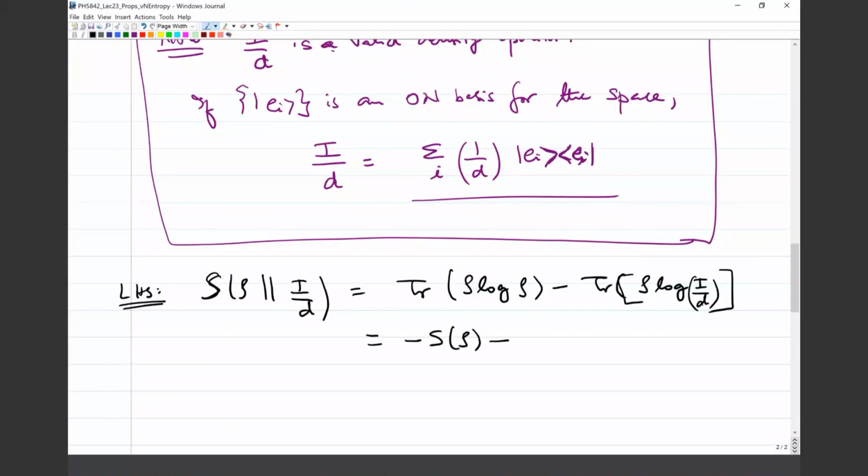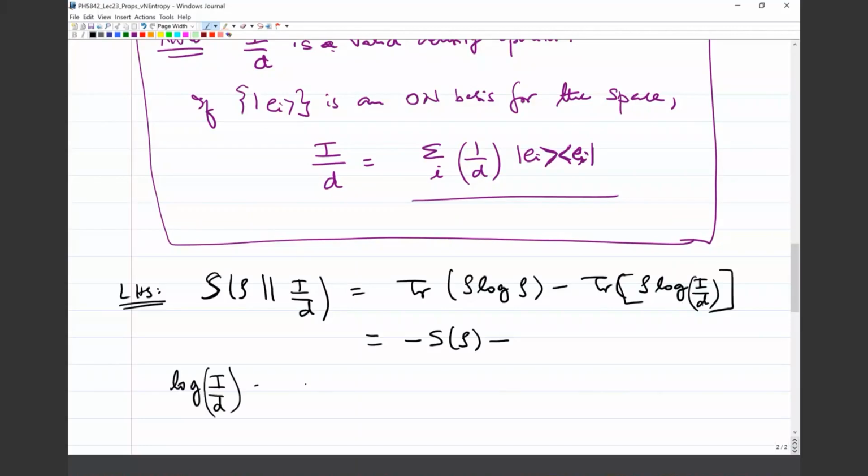Okay, so this is just minus S of rho minus, so what is this term out here? How do I expand log of I by d? This is what I'm going to claim. What is this operator log of I by d?